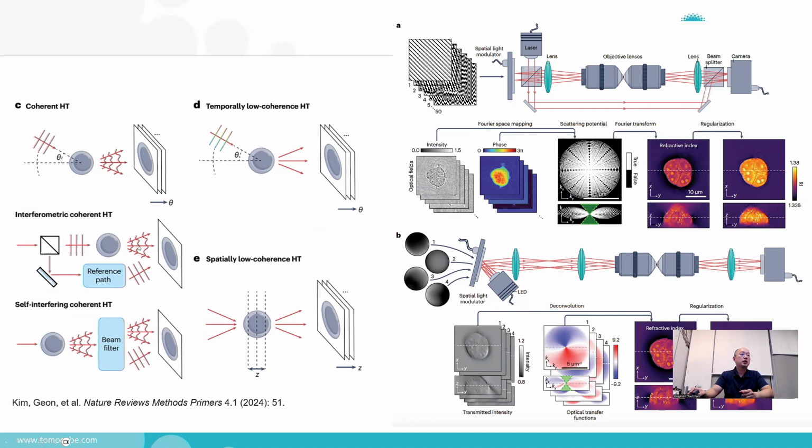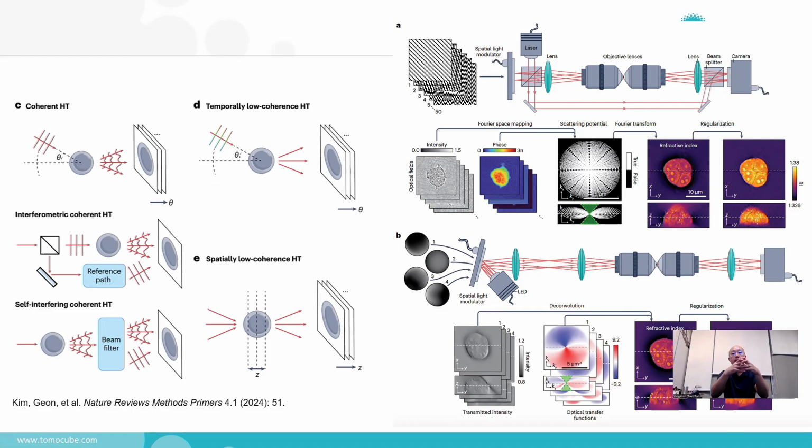And depending on the technique applied to retrieve both amplitude and phase information, there are Mach-Zehnder type interferometric microscopy systems, or you can use a reference-free system to measure diffraction patterns from which you can retrieve both amplitude and phase using various other techniques.